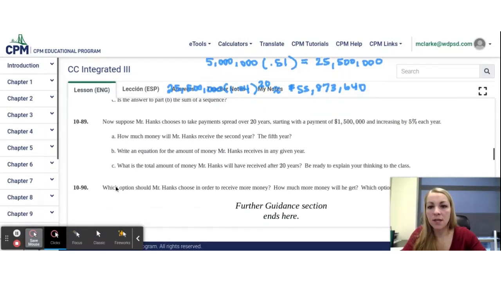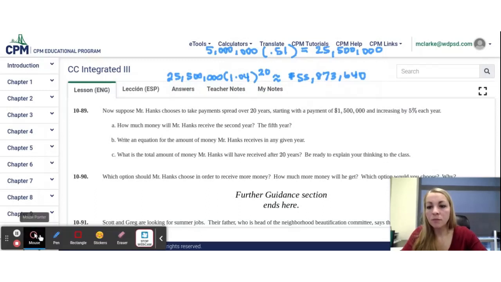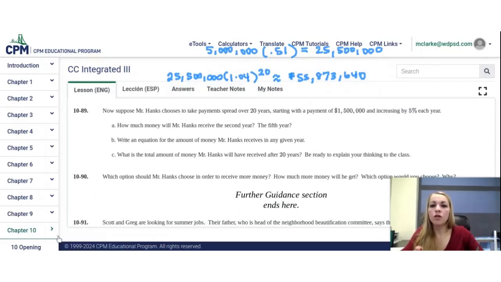So I'm just going to scoot this down here. Now we're going to suppose that Mr. Hanks chooses the payment over 20 years, starting with the payment of $1.5 million. How much money will he receive on the second year, on the 5th year? We kind of did this earlier, right? He's going to take that 1.5. To get the second year, you do times 1.05.